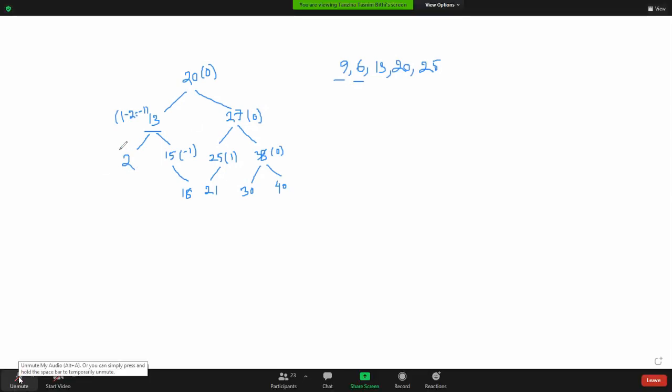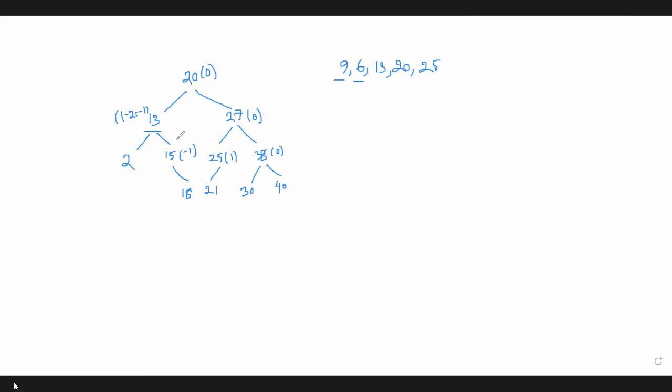If you want to take the in-order predecessor, then take the largest one, the node with the highest value. Or if you want to take the successor node, then take the smallest one from the right subtree. So here in the left subtree, there is only 1 node, 2. So we can simply replace that root node with the in-order predecessor.